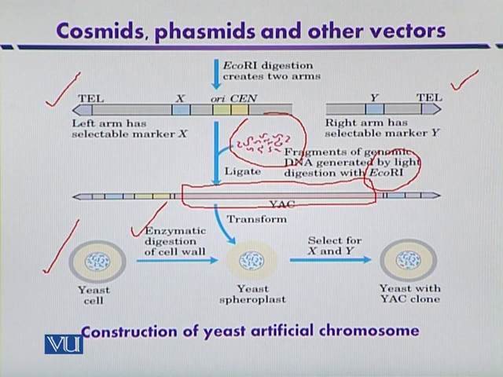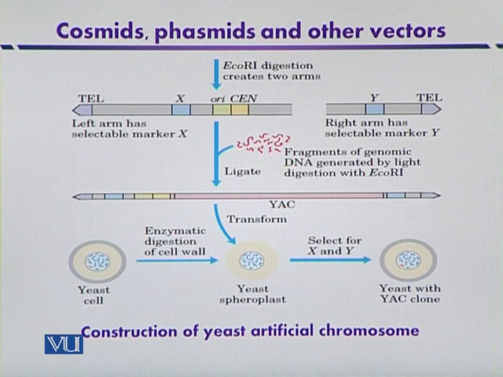After infection, recombinants can be selected on the basis of selectable markers that may be X or Y marker. So this is one of the strategies that we can use for the cloning of larger DNA fragments, especially from eukaryotes like humans, using yeast artificial chromosomes.